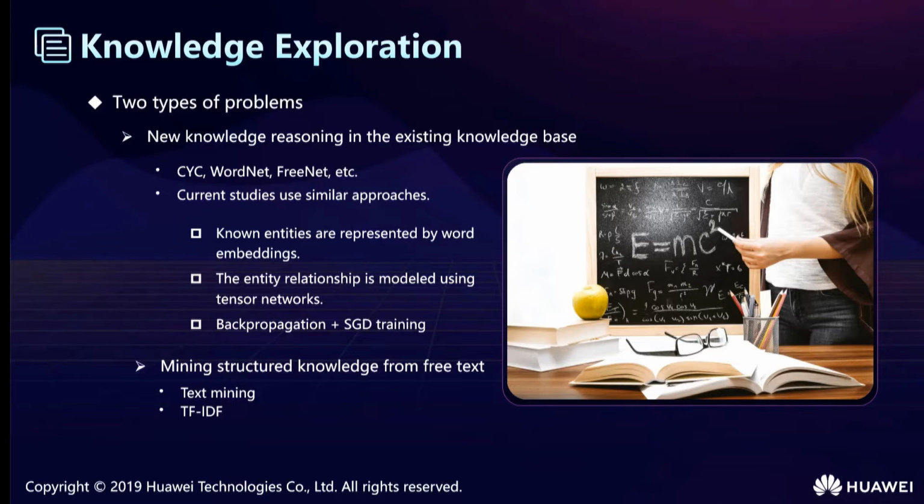There are two types of problems: new knowledge reading in existing knowledge bases, where current studies use similar entities represented by word embeddings, and the entity relationships are modeled using tensor networks with backpropagation and SGD training; and mining scratch knowledge from free text, such as text mining and TF-IDF. This method can also mine structured knowledge from free text.